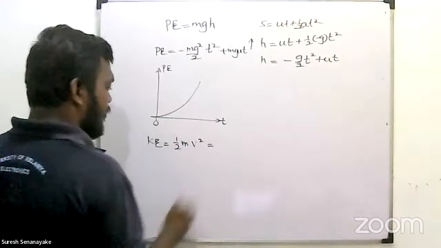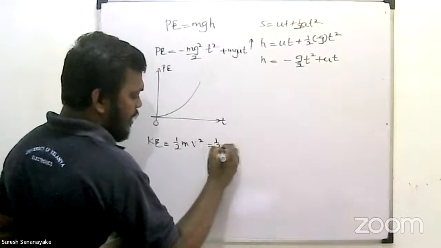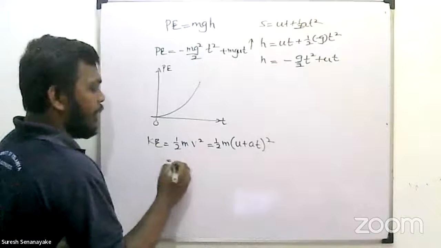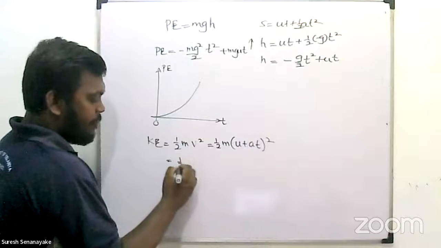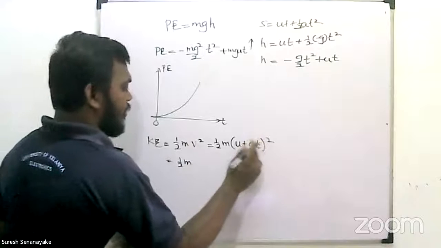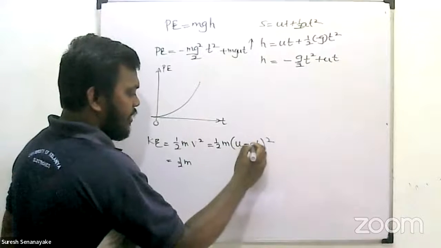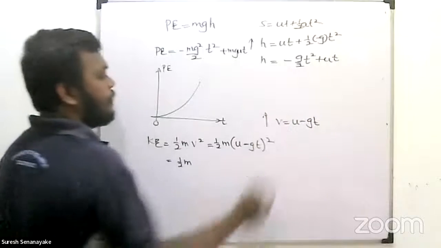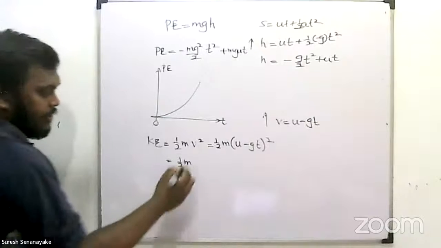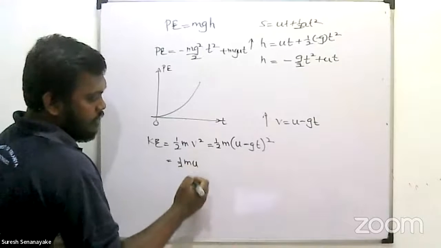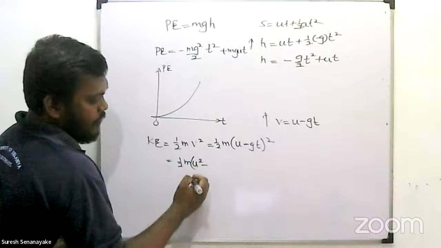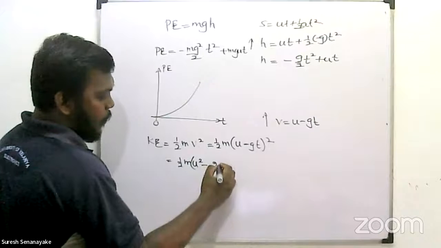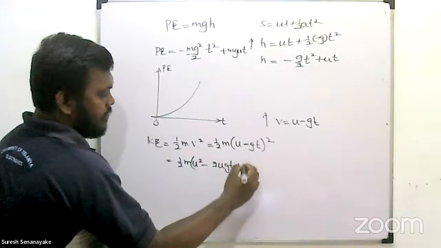V you can write is u plus at, so half m times u plus at all squared. Since v equals u minus gt when you are moving up, good, so you can write this as half m u square minus 2 u g t plus g square t square.